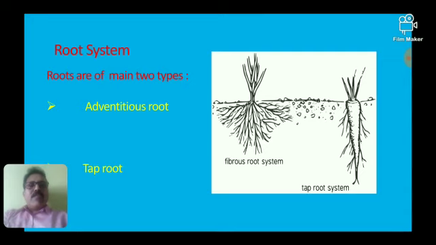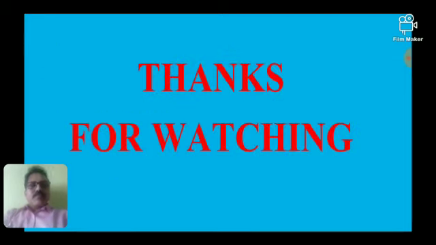So taproots are generally found in the dicotyledonous plants, and the adventitious or the fibrous root system is found in the monocotyledonous plant. So this is about the different kinds of the root system and the shoot system of the plants.